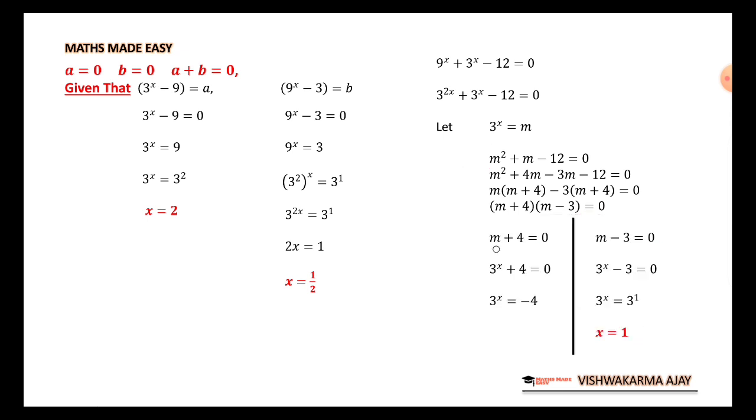So 3^x is equal to minus 4, or 3^x is equal to 3. For m plus 4 equal to 0, where m is 3^x, we have 3^x plus 4 is equal to 0, 4 is shifted to the other end, 3^x is equal to minus 4. We will talk about this in a few minutes.